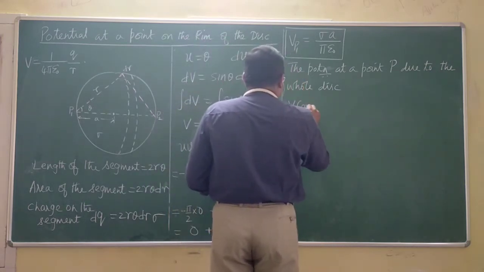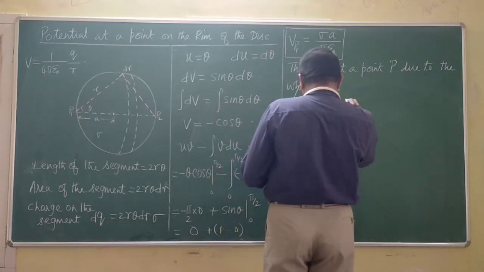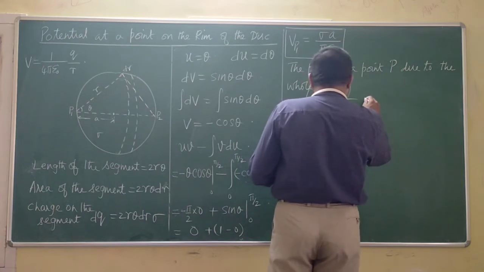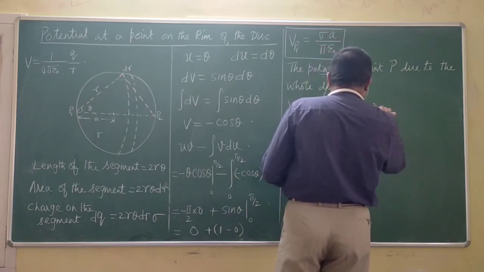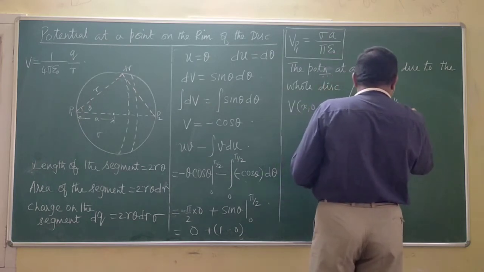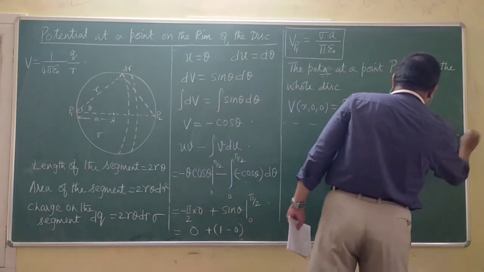V of x comma 0 is equal to sigma by 2 epsilon naught into a squared plus x squared whole power half minus x.